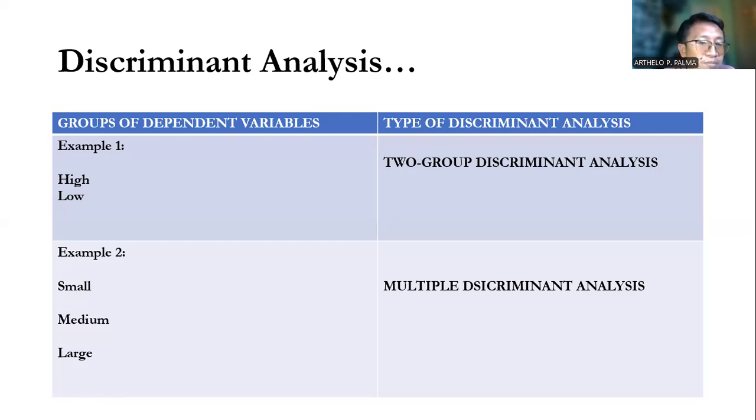But when you have, for example, small, medium, and large as the associated categories for the dependent variable, then that is multiple discriminant analysis. Three or more is called multiple discriminant analysis. But when we have only two, it's called two-group discriminant analysis.